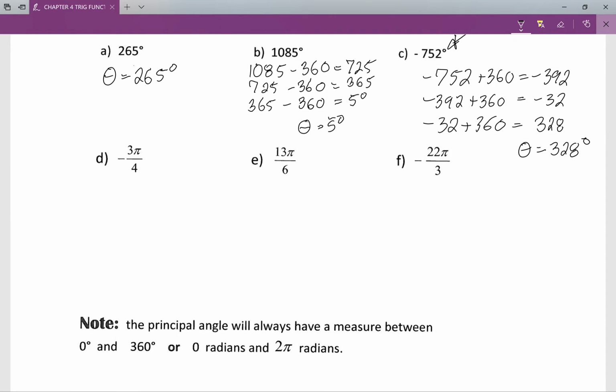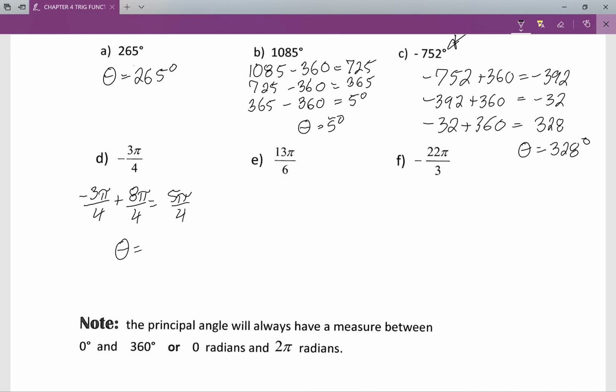Now here what we're working with is radians, so I'm going to have to be using my 2 pi as opposed to using the 360 degrees. So I go negative 3 pi by 4, and we know that 2 pi is going to be equal to 8 pi by 4. So in total, this will give me 5 pi by 4.